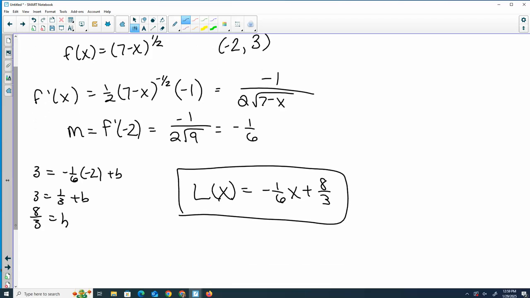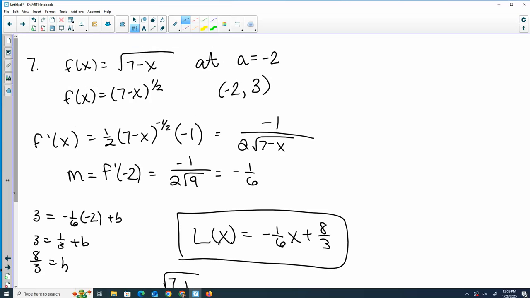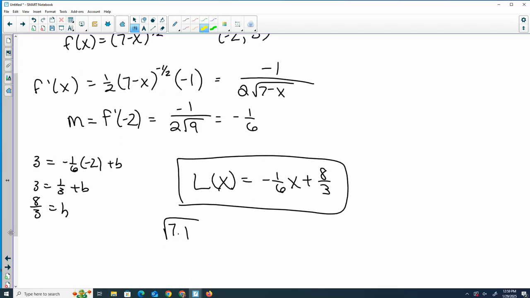Now we are trying to approximate the square root of 7.1. Because my original function was the square root of 7 minus x. I'm trying to find the square root of 7.1. We have to figure out what x is.